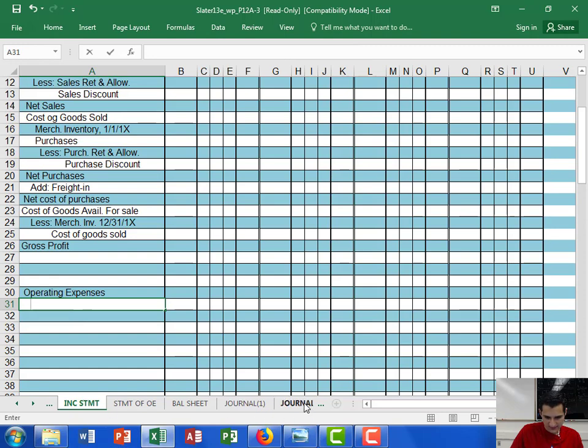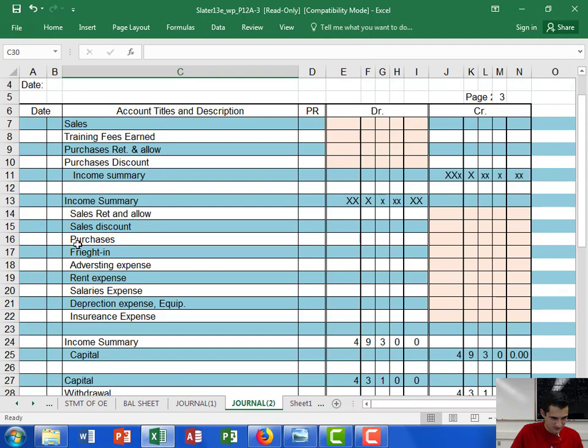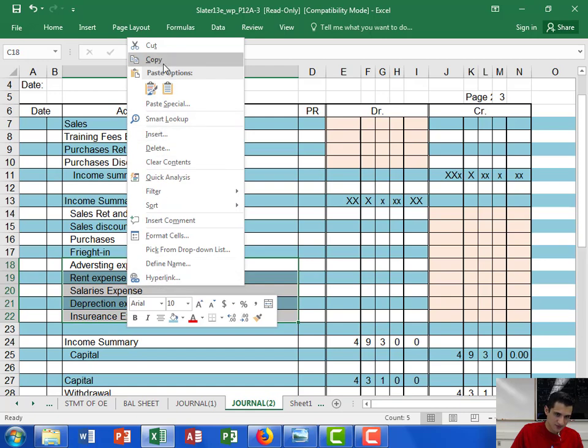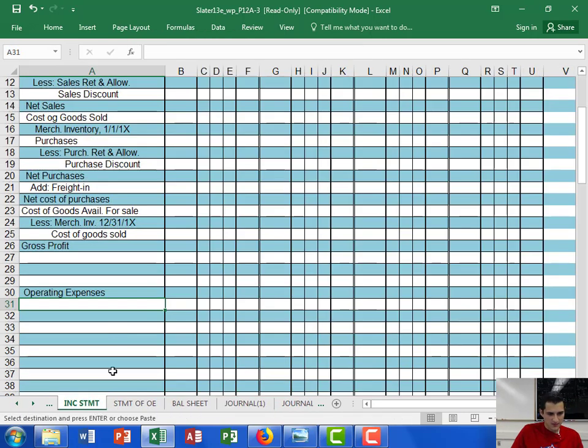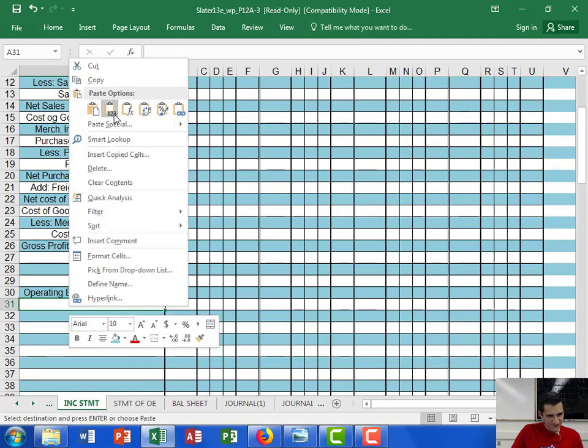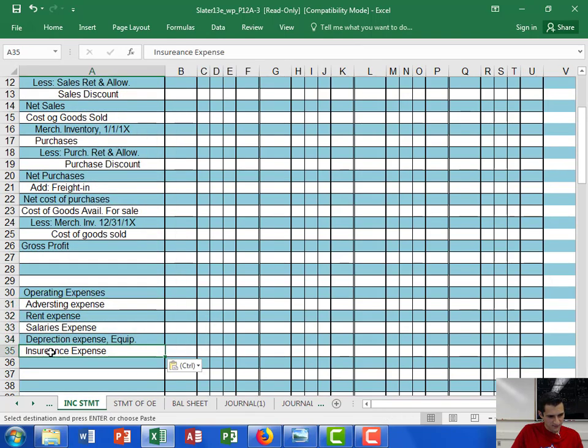Now let me see if I can make this a lot simpler for y'all. Yes, it'll be all these right here, up to insurance expense. Man, insurance expense is misspelled. Sorry to see that so late, but that's life. There, insurance expense, OCD.